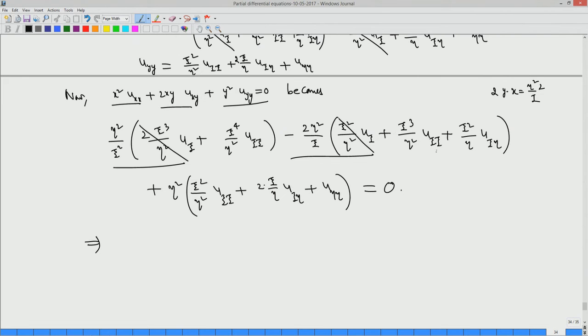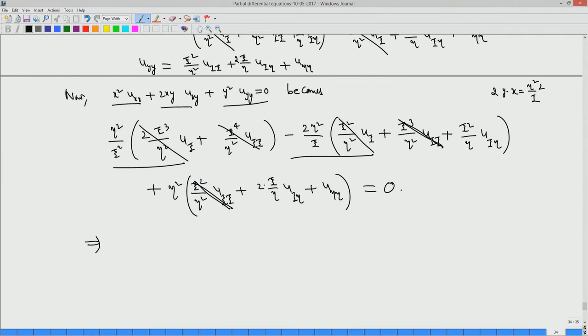So you have minus 2 xi square u xi here, here plus xi square u xi. This also goes. So here xi square u xi minus 2 xi square u xi, so together is minus xi square u xi, and here plus xi square u xi. So this together will go with this. So these two combined with this will go.